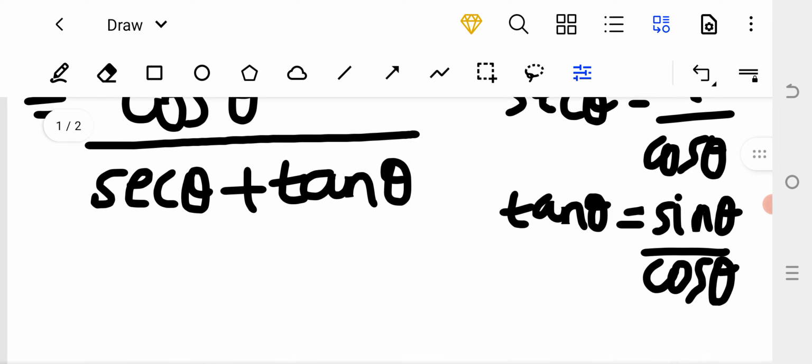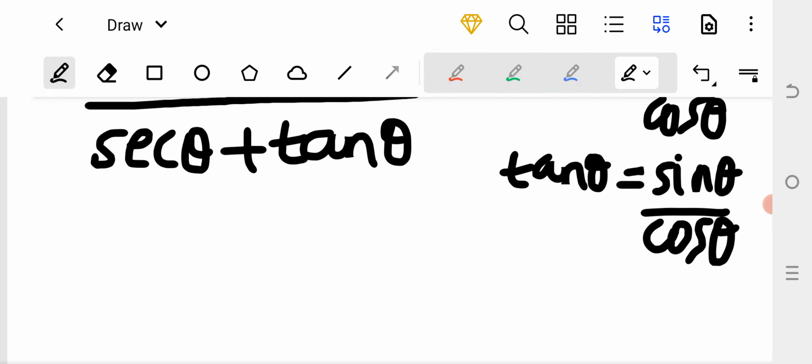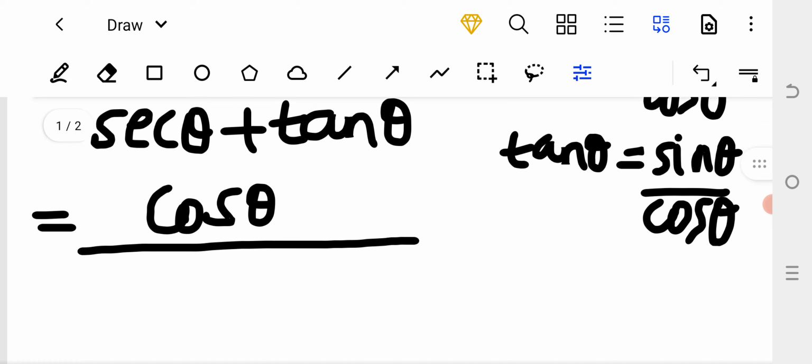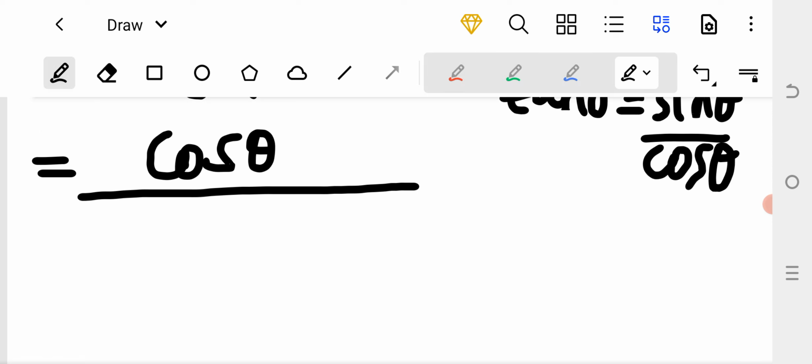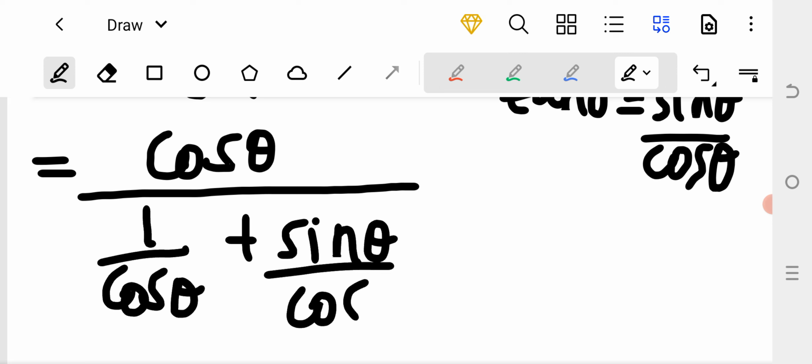So what are we going to do? We are going to say this is equal to cos theta divided by 1 over cos theta plus sin theta over cos theta.